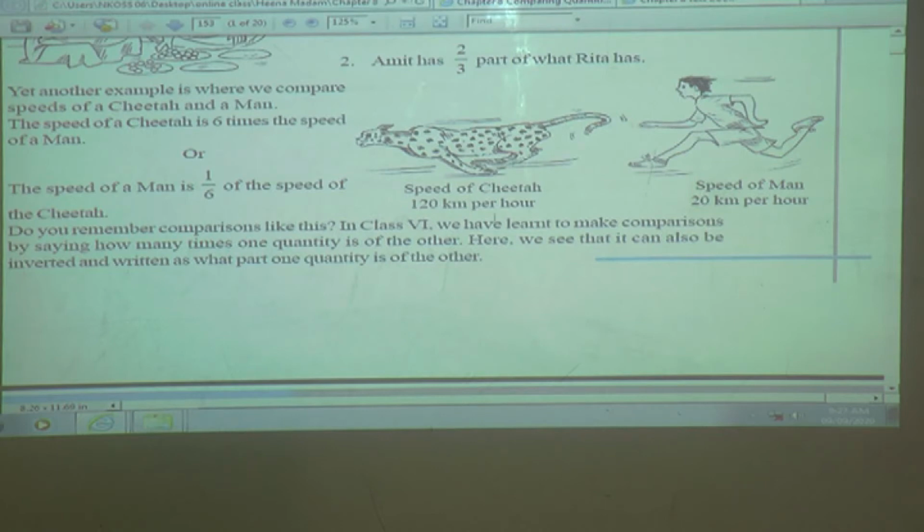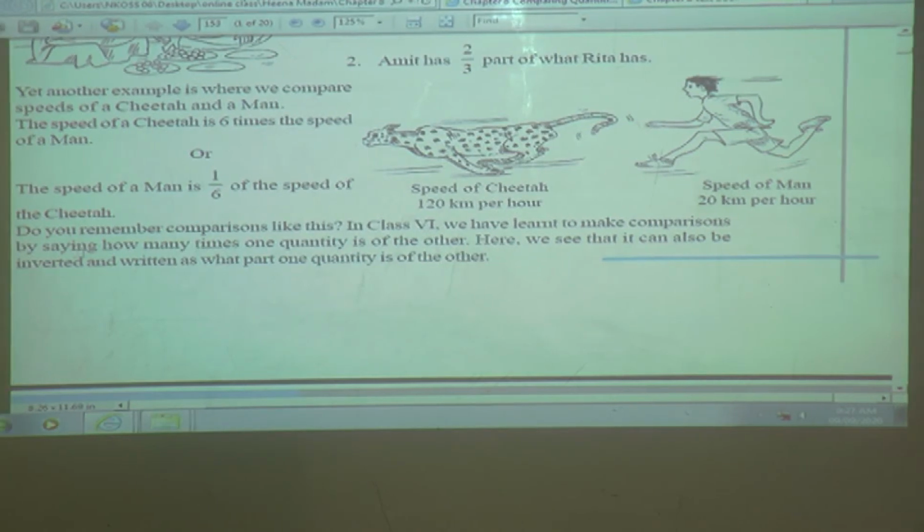The speed of the cheetah is given as 120 km per hour and the speed of a man is given as 20 km per hour. So it is 1/6 times. The speed of a man is 1/6 time of the speed of the cheetah. So the cheetah is faster than the man, and the kilometers covered in 1 hour are given here.